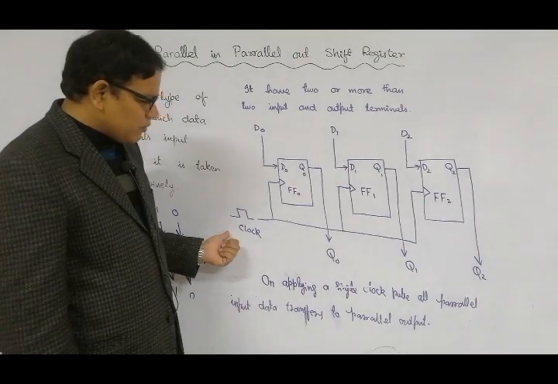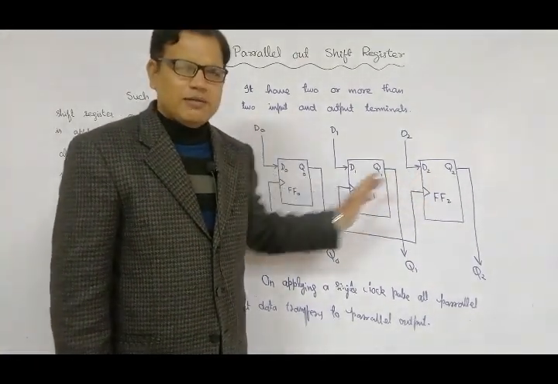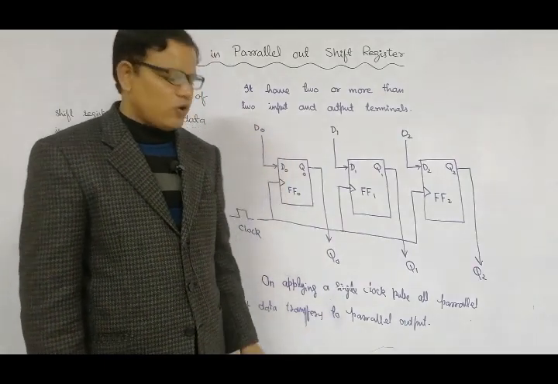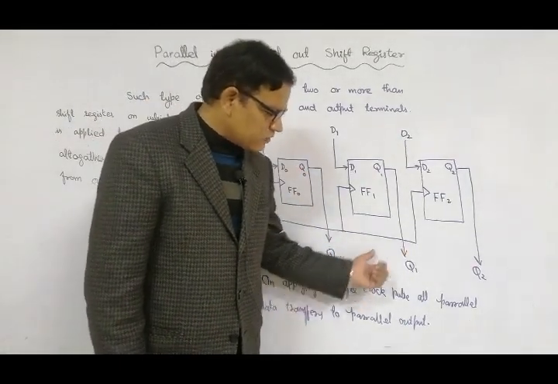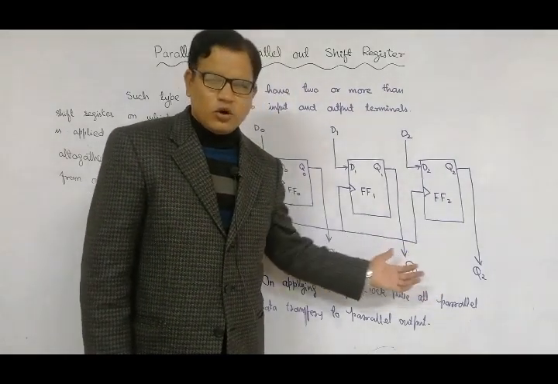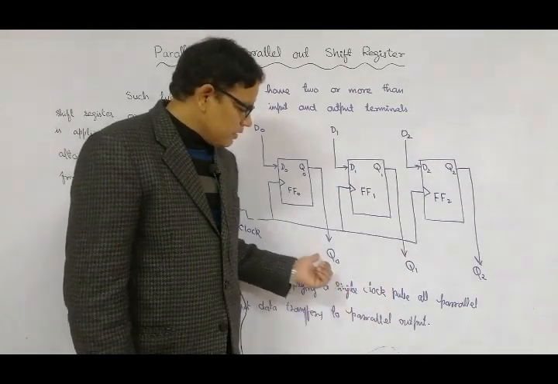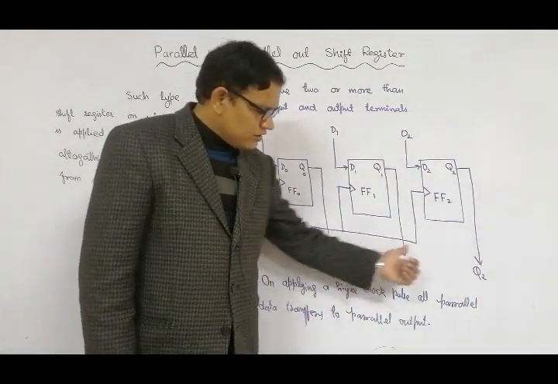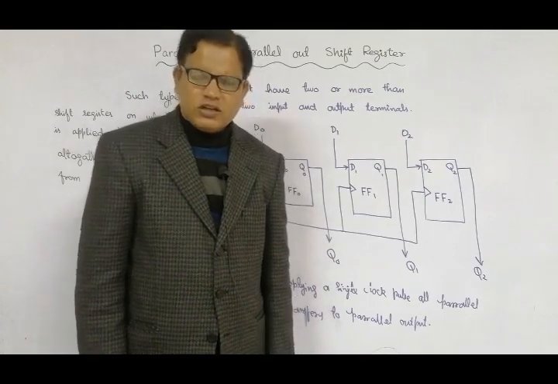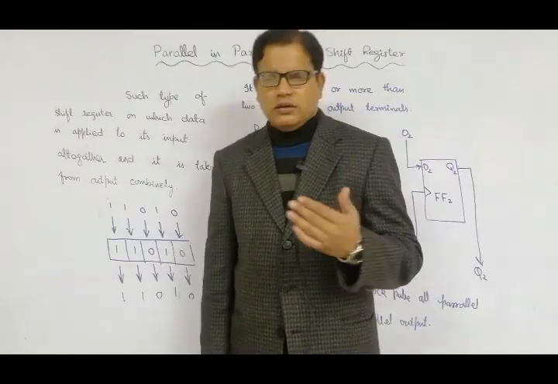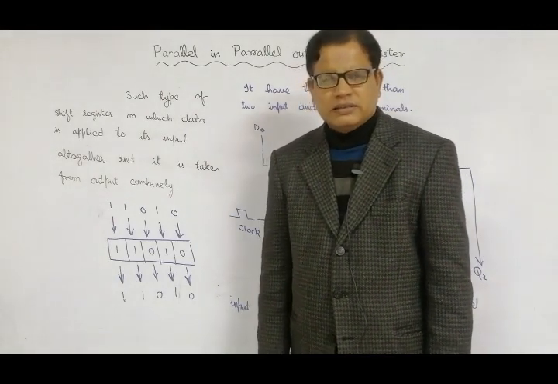When we apply the clock pulse at the same time on these three flip-flops, as a result we take those inputs in the form of output parallelly through this block diagram or shift register. This is how the parallel in, parallel out system works.